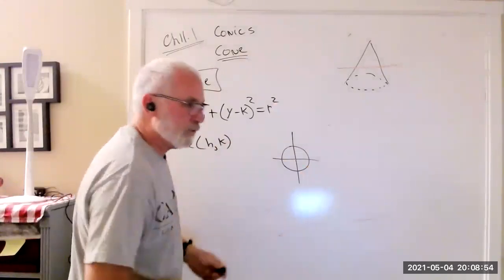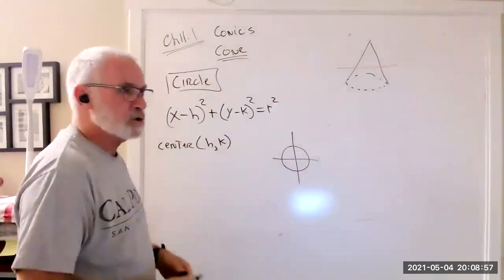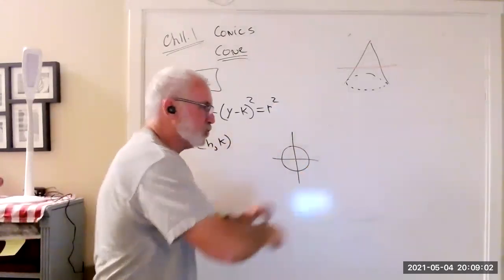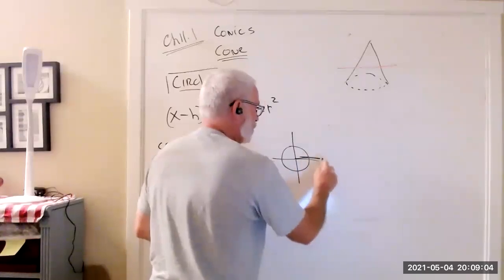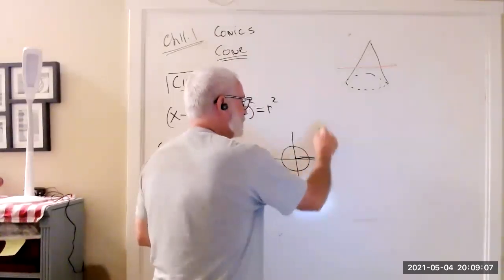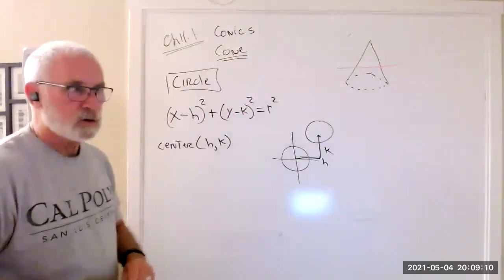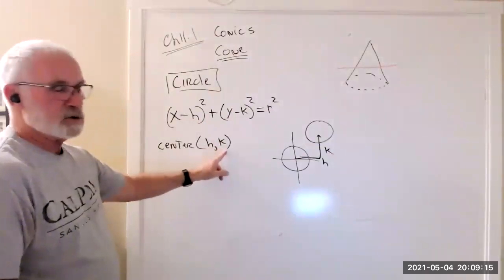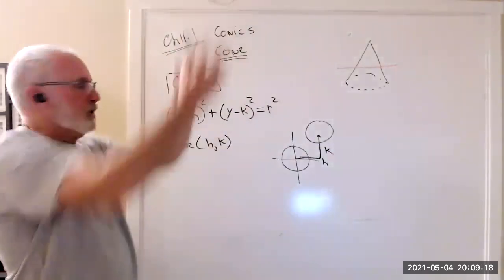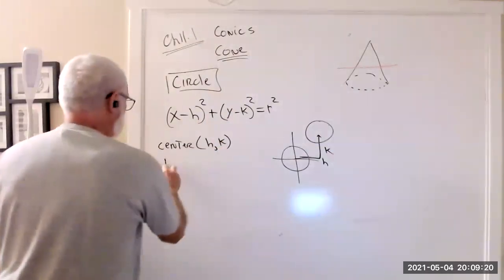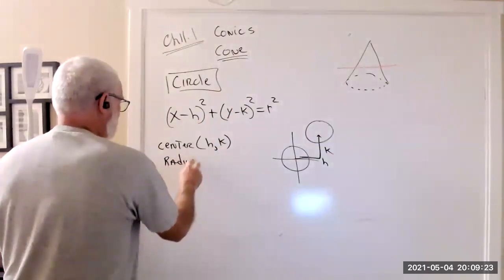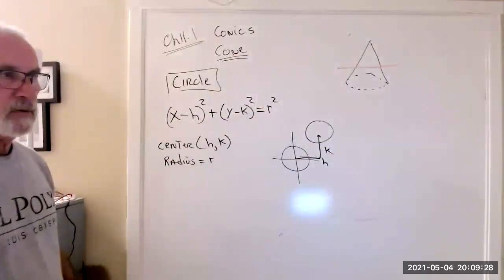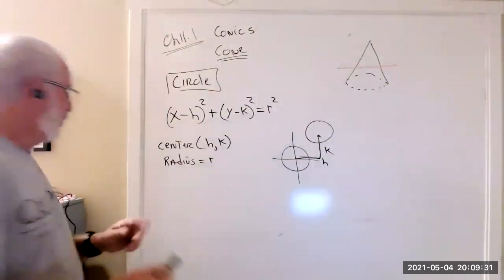We call those transformations, or horizontal and vertical shifts. So we'll have the same circle, but it's been shifted over h, up k. The radius is the r value.